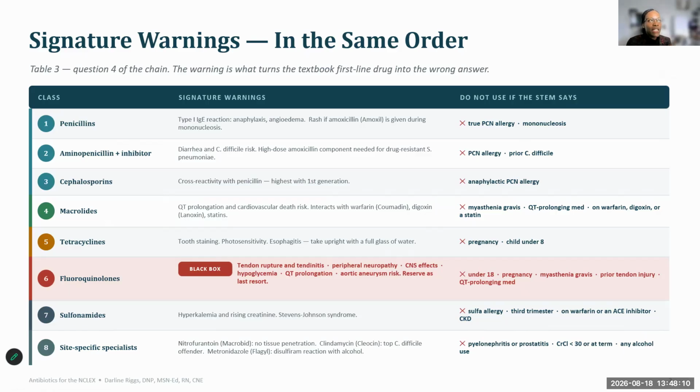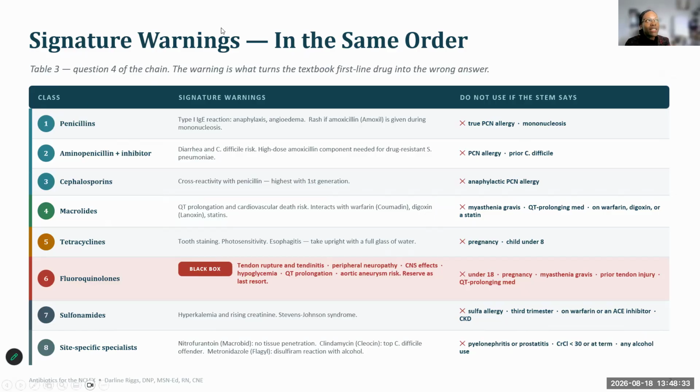So for your penicillin, again, you always want to ask questions to your clients. You're allergic to penicillin. What happened when you were given penicillin? I want to know what the type of allergy was. Now, if they tell me, yeah, I had to be hospitalized, couldn't breathe, so we know it was a true reaction.